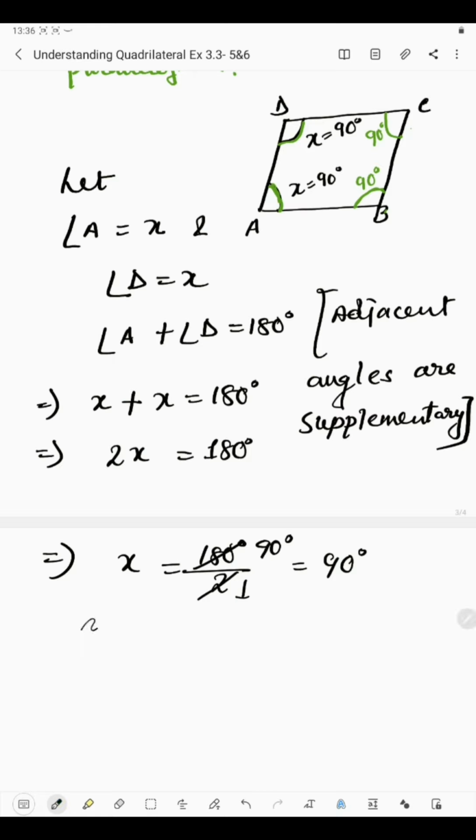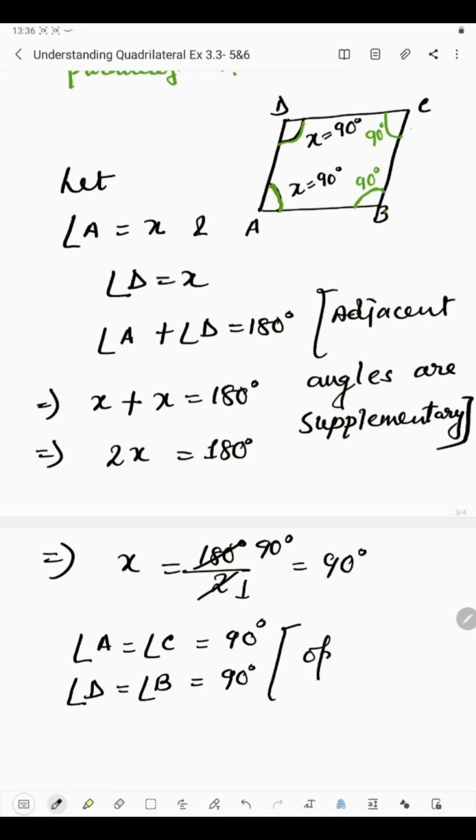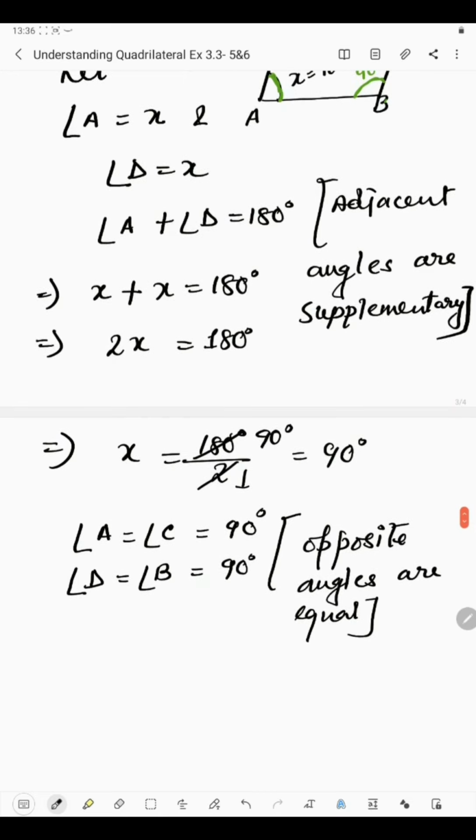So we will write angle A is equal to angle C is equal to 90 degrees and angle B is also 90 degrees, as these are opposite angles and opposite angles are equal in a parallelogram. So each angle is 90 degrees.